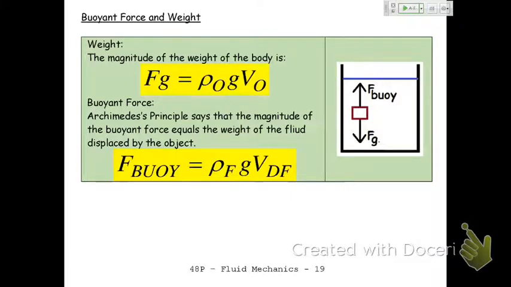We probably all talked about buoyancy. Does your boat have enough buoyancy? Do you have enough buoyancy? I'd like you not to talk so much about that, or at least not to get it confused with the buoyant force. We'll talk a lot about the buoyant force, and it's not the same as buoyancy. So be very clear about that.